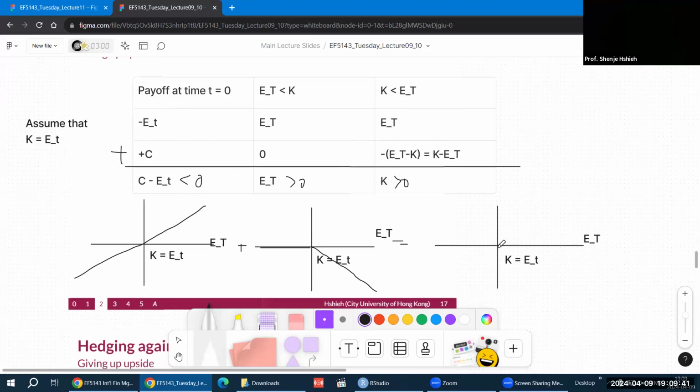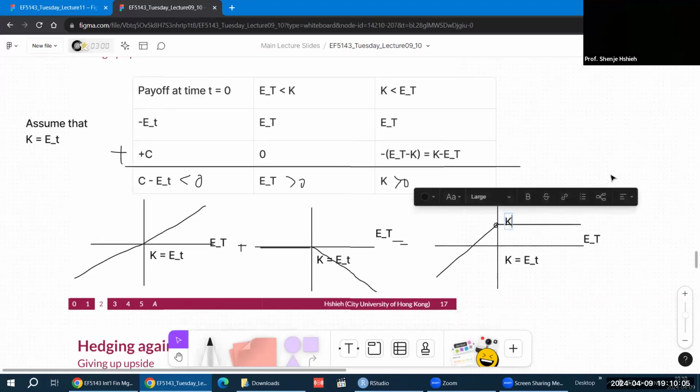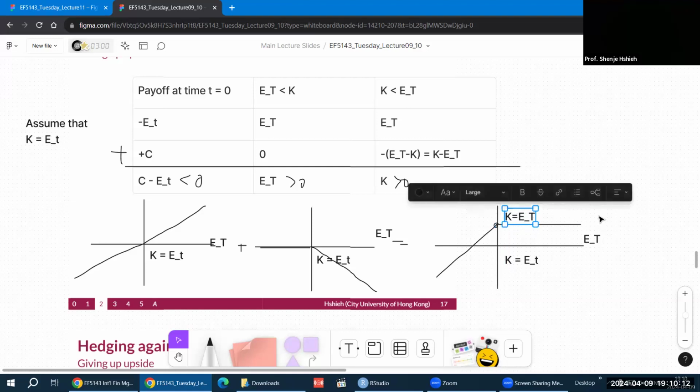So if we don't factor in the price of the call option that we sell, then our final payoff looks like this. Sorry, not that. Should be up here. This point is K equals E_T, lowercase t.